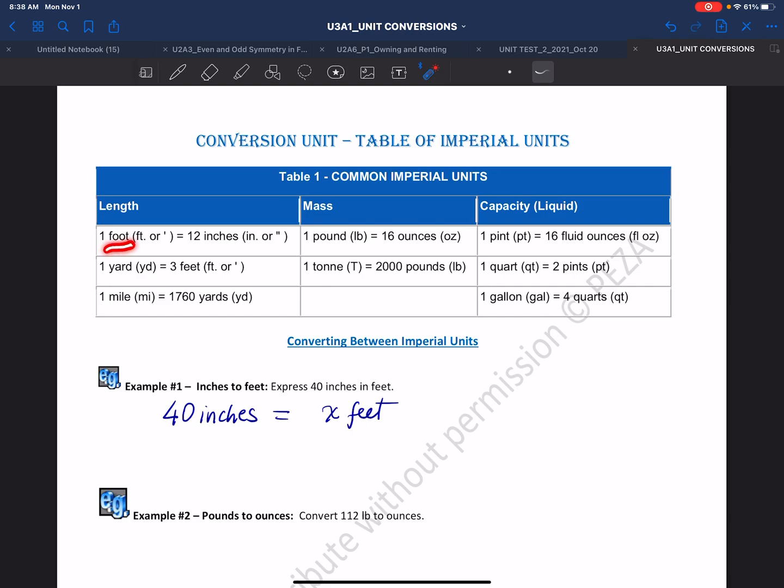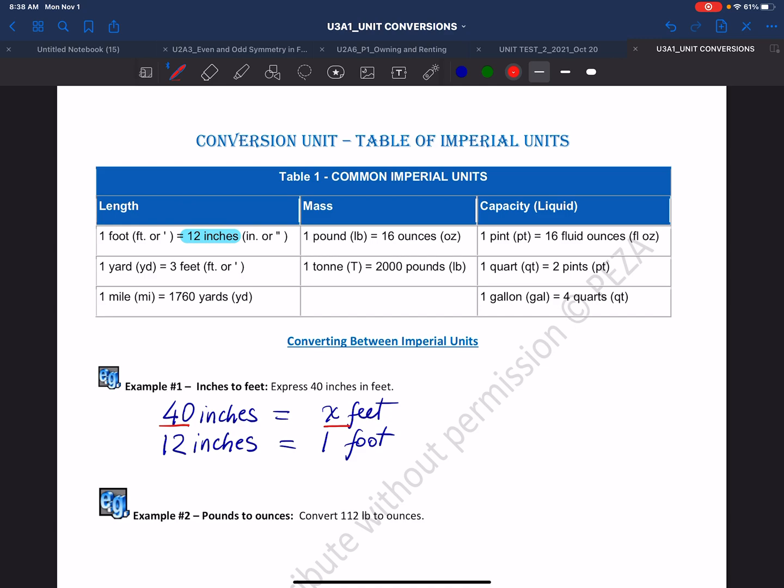So here we have foot and inches, and we can see that 1 foot is 12 inches. So because we have 1 foot, 12 inches, we're going to write 12 inches under inches here equals 1 foot.